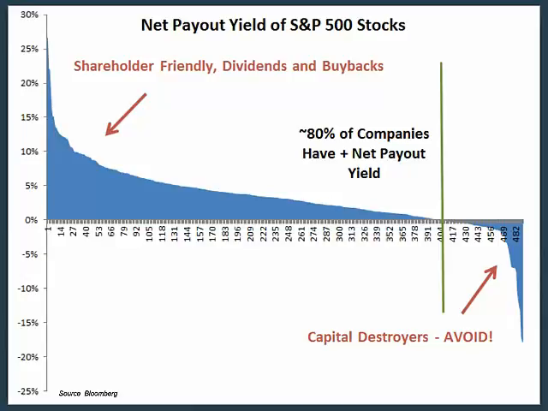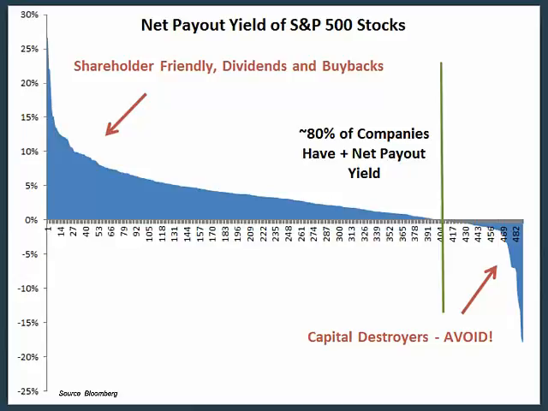But even more importantly, and a lot of people miss this when they're looking for value stocks, they're saying, I'm just buying the cheapest, and this is why it works great. But you're also avoiding the expensive stuff. In this case, you're avoiding the companies that are issuing shares, or that have a positive dividend yield but are issuing more shares than the dividend yield. We call those the capital destroyers, and it's a non-trivial number of companies.